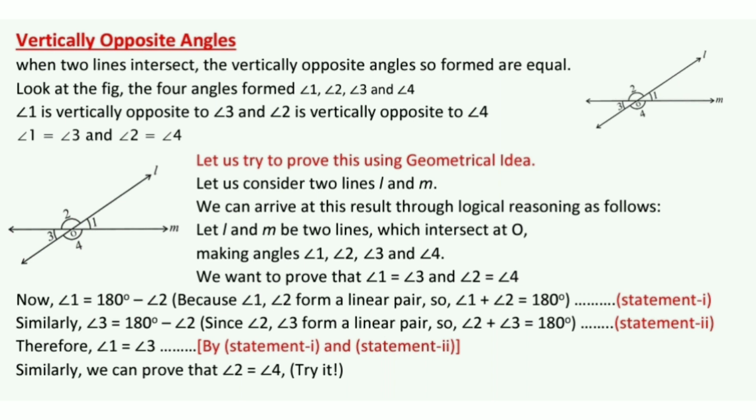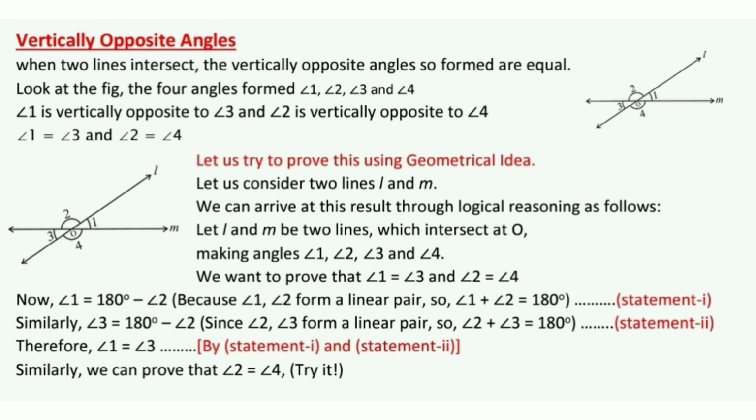We want to prove that angle 1 is equal to angle 3 and angle 2 is equal to angle 4. ये हमें प्रूव करना है. बरोबर. हमने ऊपर देखा कि एंगल 1 एंड एंगल 3 इक्वल है, एंगल 2 एंड एंगल 4 बोथ आर इक्वल है. पर ऐसा कैसा होता है, चलो उसके लिए हम लोग प्रूव देखते हैं.